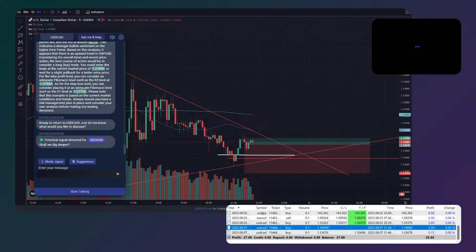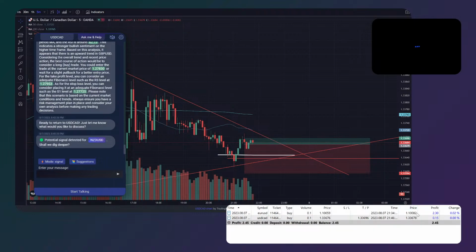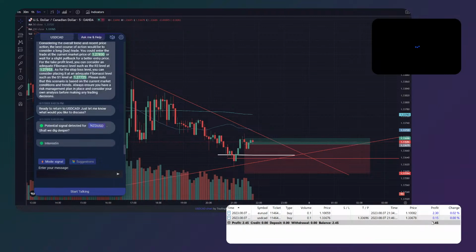Not something astonishingly big, but remember it's almost midnight. When you take a look at it, we've got two signals that we selected today, and we traded and we made $2.45 in an almost $1,000 portfolio. I know it's not much, it's 0.2%. But the concept is there, and you can see it works for you.